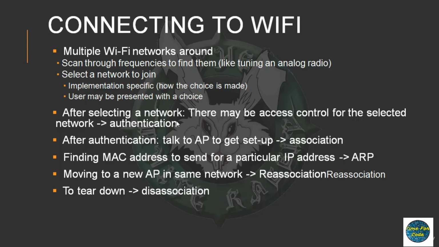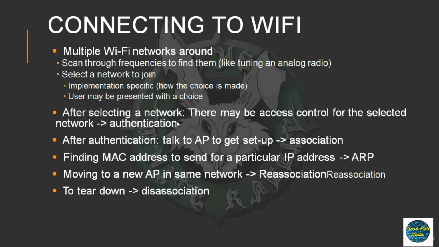Now, when we then move, let's say, to a new access point in the same network, so you're just moving within the ESS, then you can just reassociate. Because basically, as far as the IP network is concerned, an ESS looks like one big local area network.